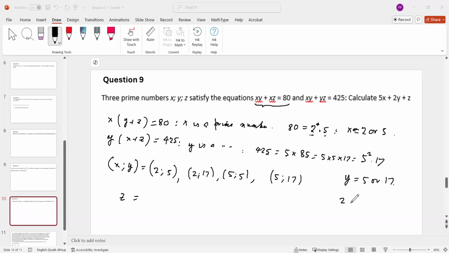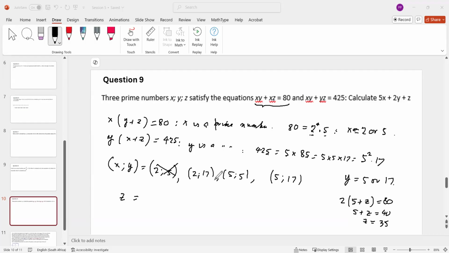X is 2 and y is 5, so 2 times (5 plus z) is 80. So 5 plus z is 80 divided by 2, which is 40. And here you get z is equal to 40 minus 5, which is 35. This is not allowed because z is a prime number. All these are prime numbers. So you can eliminate that one.